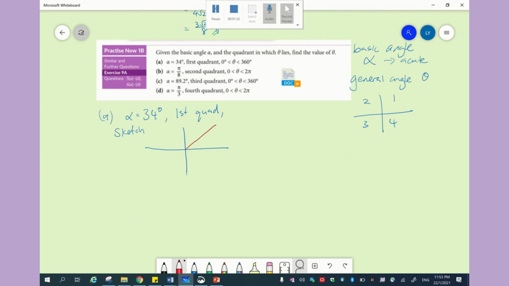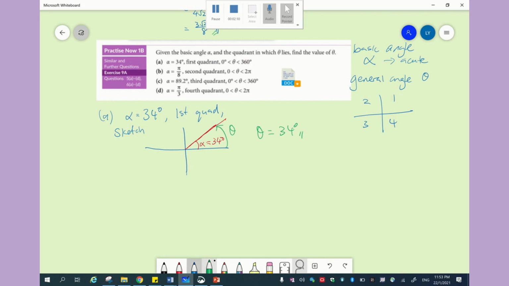Initially it is along the positive x-axis, and then it rotates to here, and alpha is equal to 34 degrees. Since the angle theta is also in the first quadrant, that means your theta must be equal to 34 degrees. It's an acute angle.